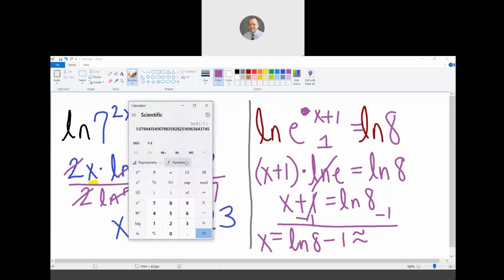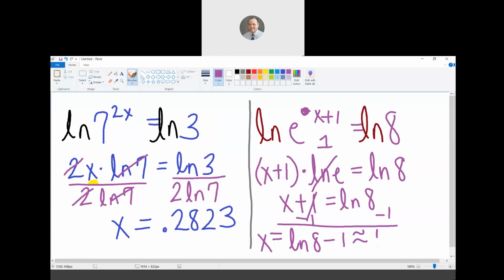And that would be, let's carry it out to 3 decimal places, 1.079. Let's look at one more example where you have to solve an exponential equation using the natural log function.